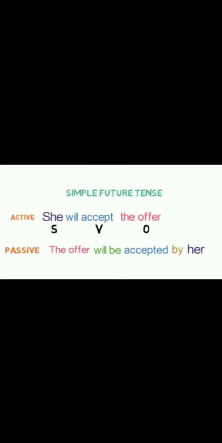Now the last category, future perfect tense. If the sentence is given in active voice in future perfect tense, the format is subject, will have or shall have, third form of the verb, and the object. Now you need to recall once again how we changed present perfect and past perfect tense from active to passive. Yes, you remember very well that we have to introduce been before the third form of the verb.